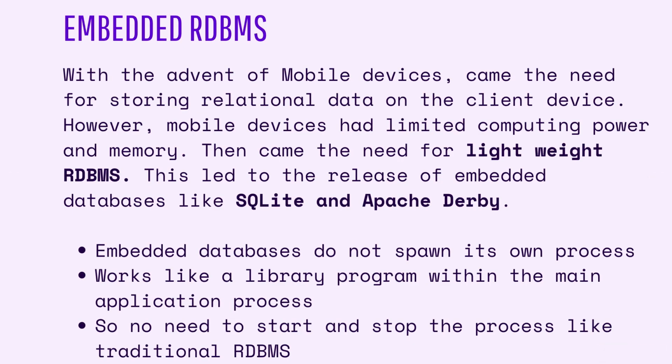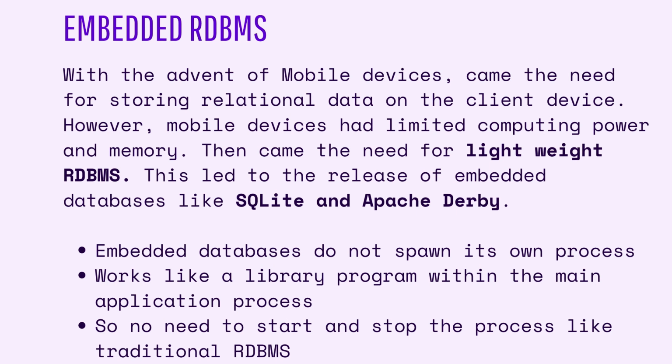With the advent of mobile devices came the need for storing relational data on the client devices itself. However, mobile devices had limited computing power and memory, thereby being unfit to host a traditional RDBMS. Then came the need for lightweight RDBMS like SQLite and Apache Derby.